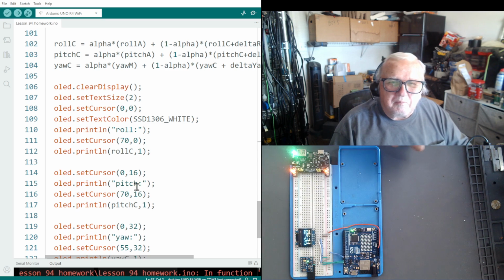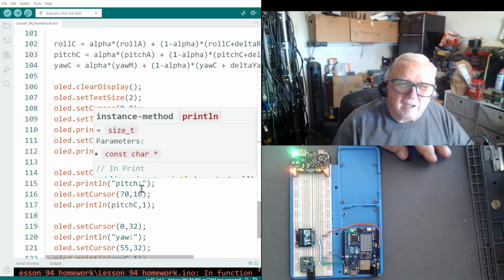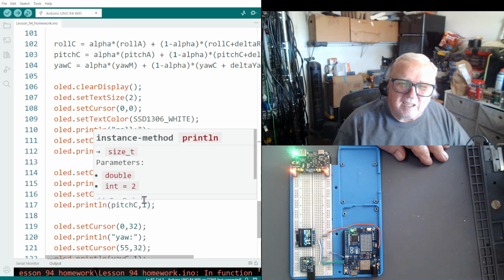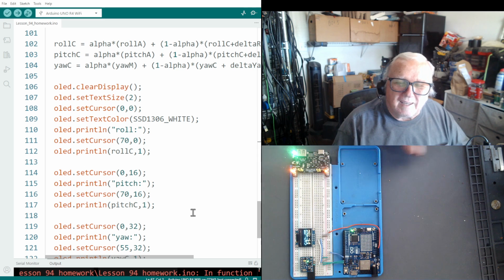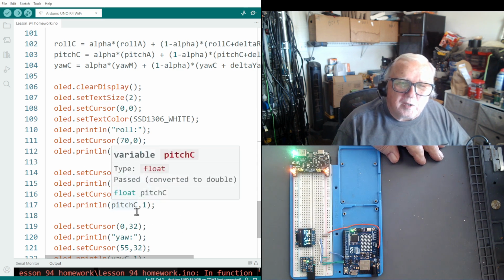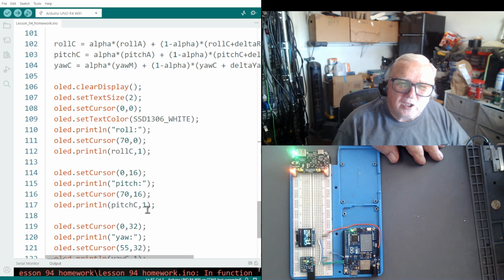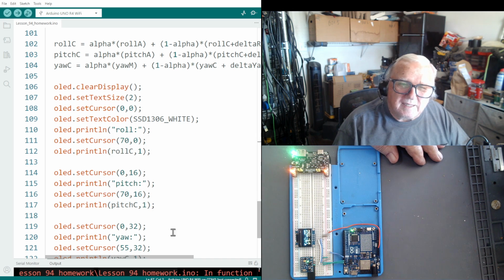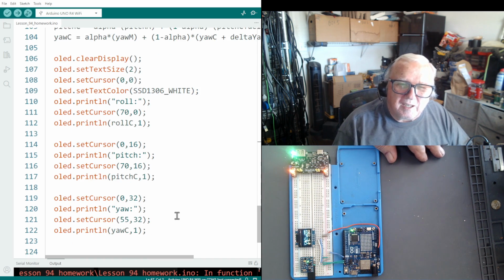I put in a display of pitch, and then I move it over to 70 and 16 on the same Y level. And I put the pitch C, which is the calibrated pitch, and I limit it to one digit. Otherwise, you just run right off the screen.